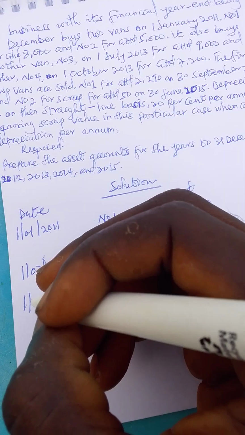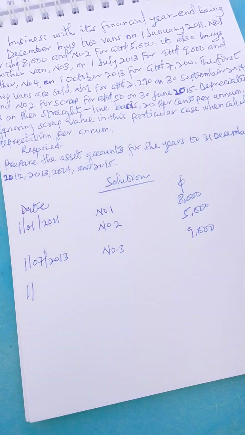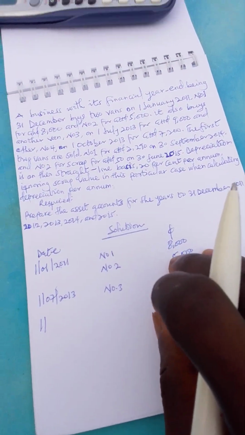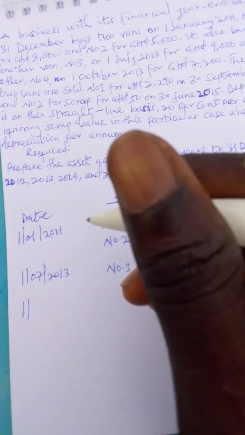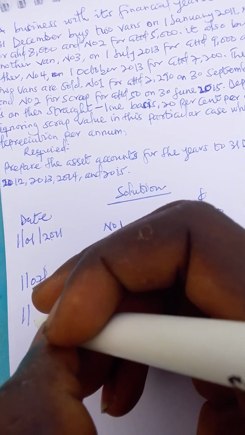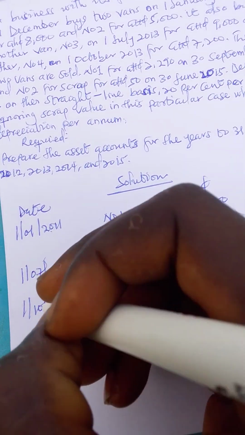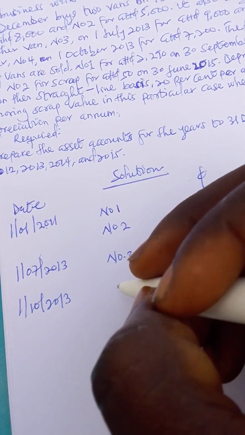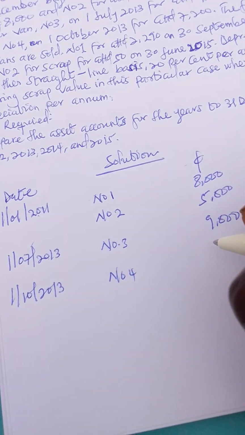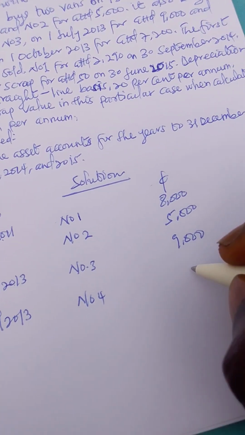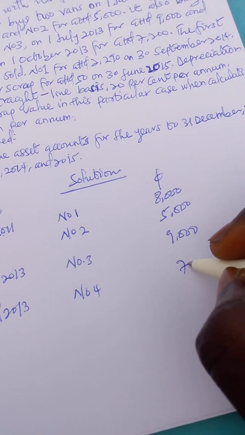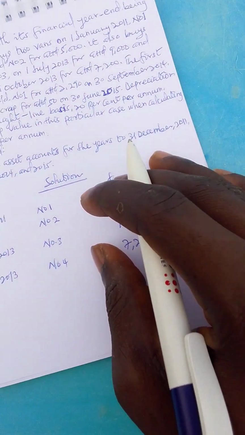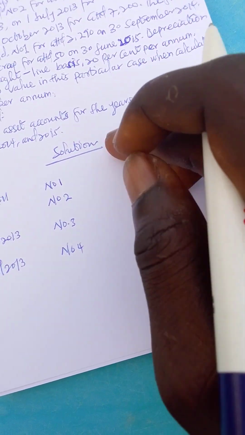Asset number 4 was purchased in October, which is the 10th month, 2013. Asset number 4, and they used 7,200. So these are the assets that were purchased.